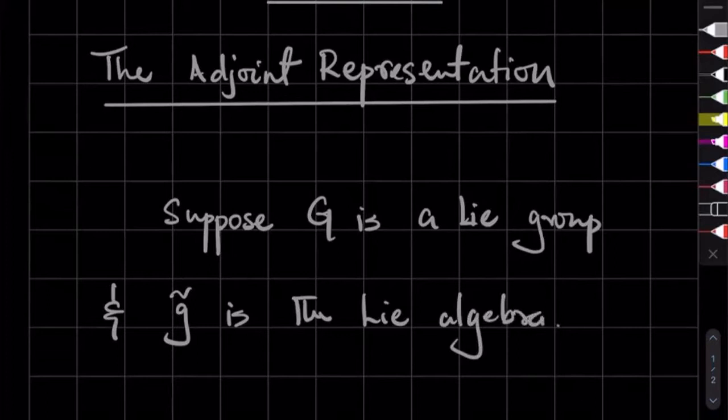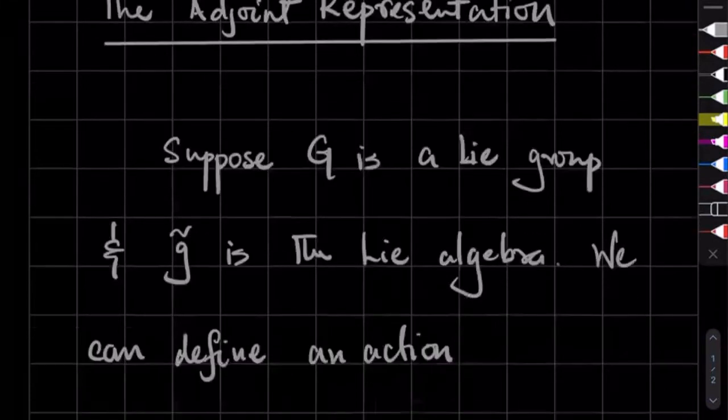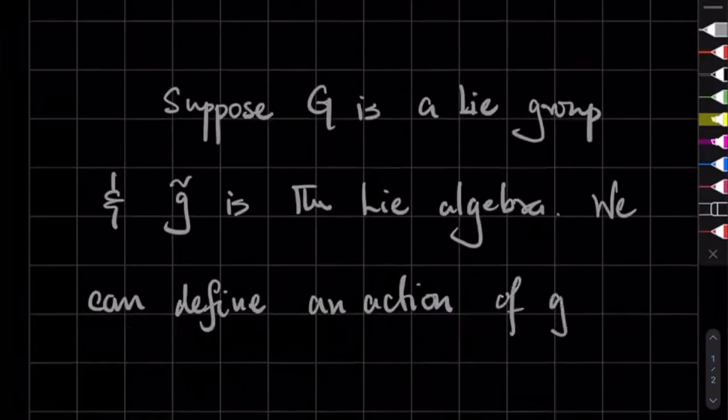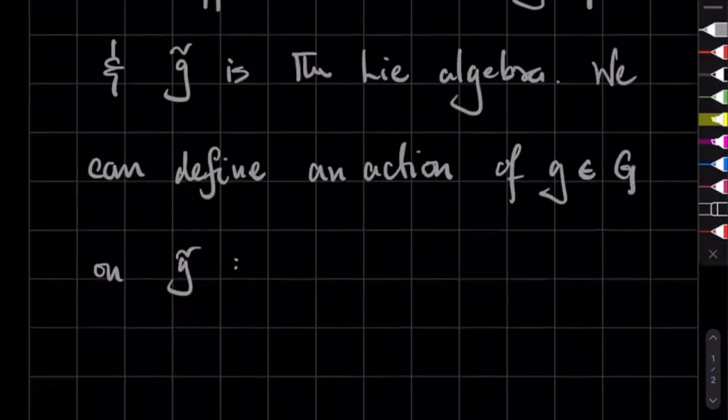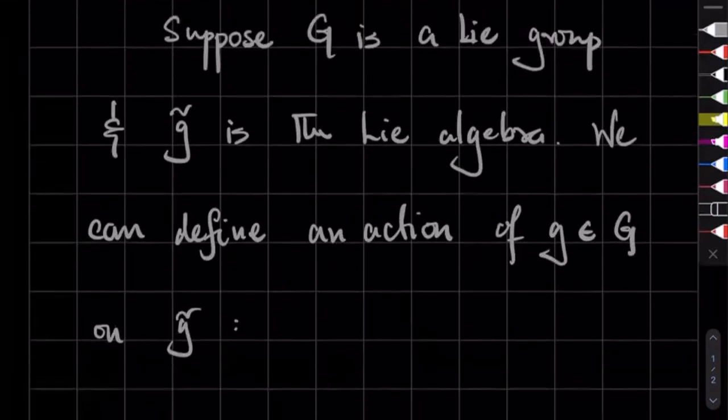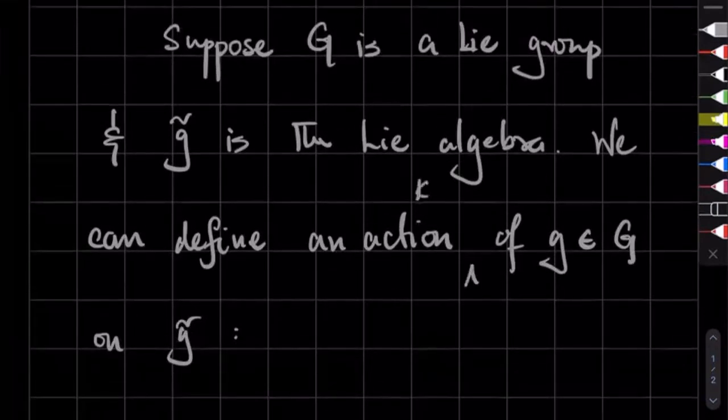So we can define an action of an element G of the group on the Lie algebra in the following way. We call this action the adjoint action.